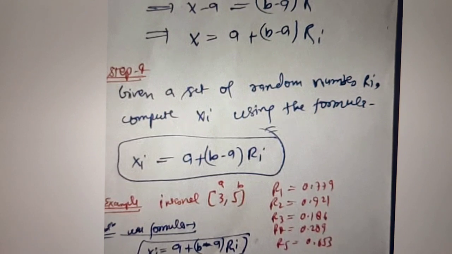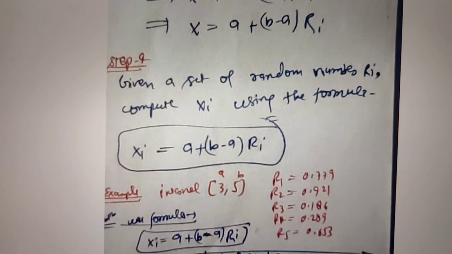Now we use our formula xi equal to a plus b minus a multiplied by ri, where ri is the respective random number. For each random number we will get the respective random variate.